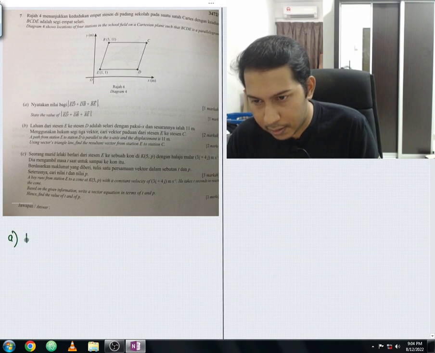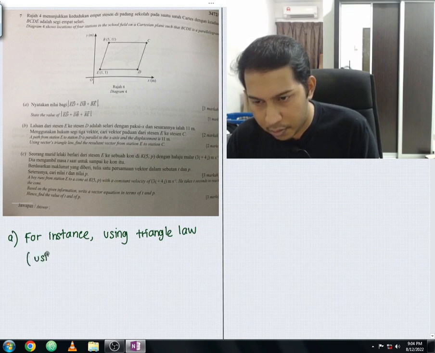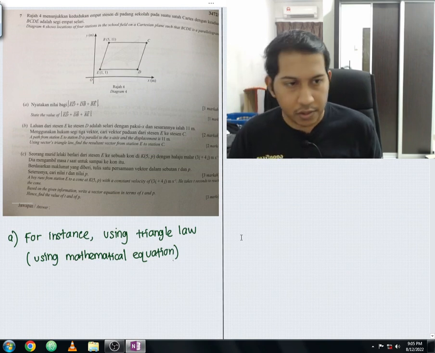For instance, using the triangle law, which in this case uses a mathematical equation.